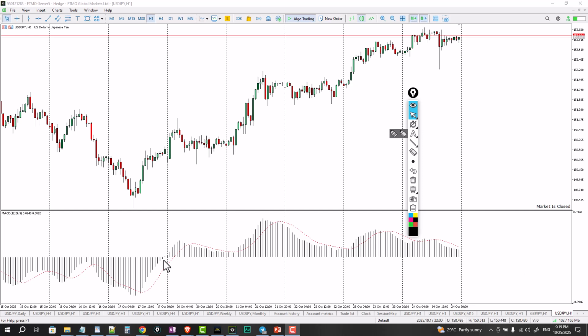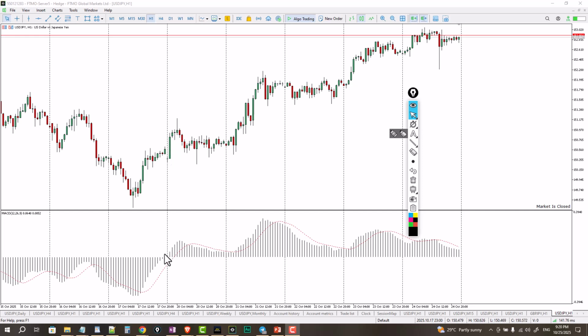So the way some traders tend to use the MACD indicator is whenever it goes from forming negative histograms, you can see from the zero level down here, all of the readings are negative, okay? So when the MACD indicator goes from forming negative histogram lines to starting to form positive histogram lines above the zero line, some traders use that as a positive signal to go long on a pair.